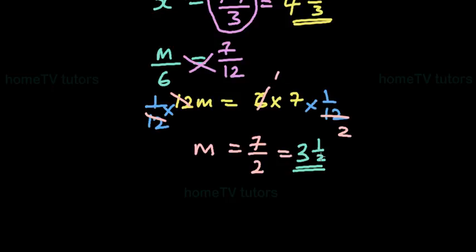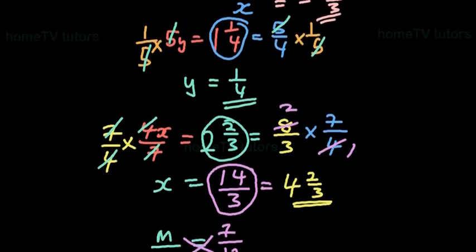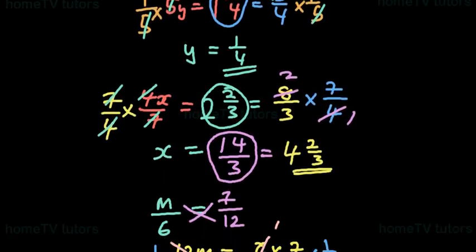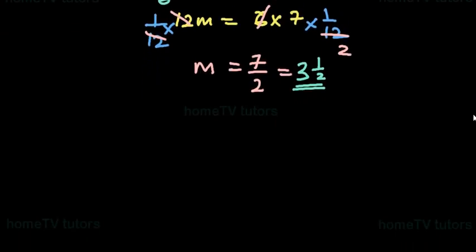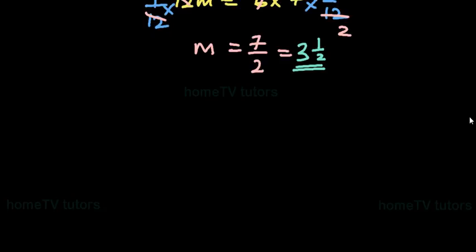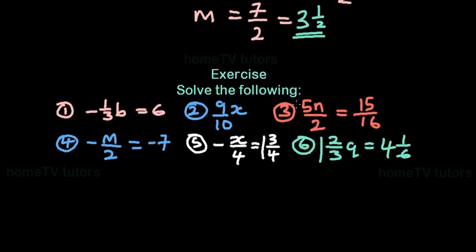So let me give you exercises to do on your own. You may need to go back and watch the examples solved again if you have not gotten it up to now, before I write out the exercises for you to work on. These are the exercises for you to do on your own.